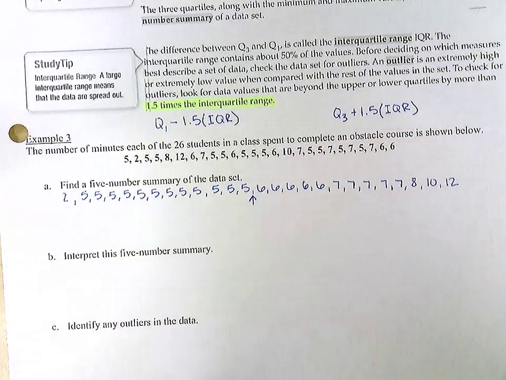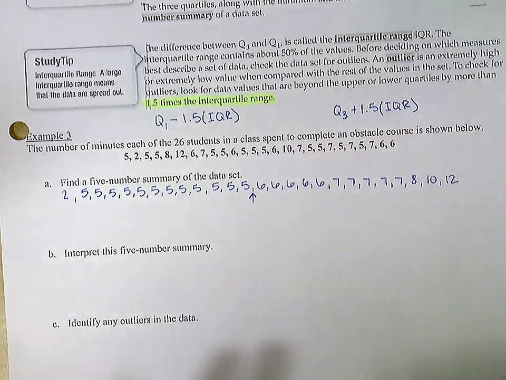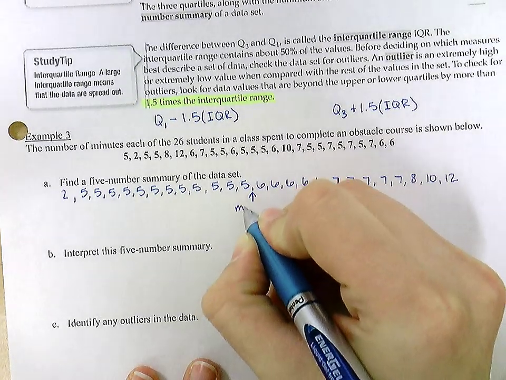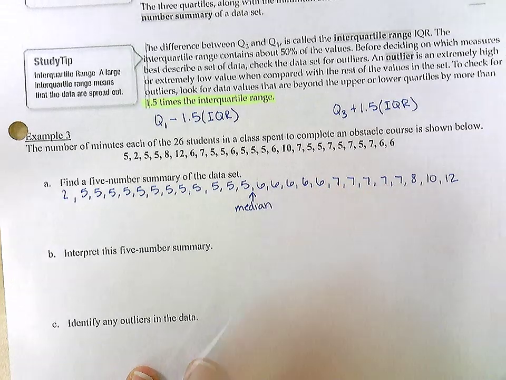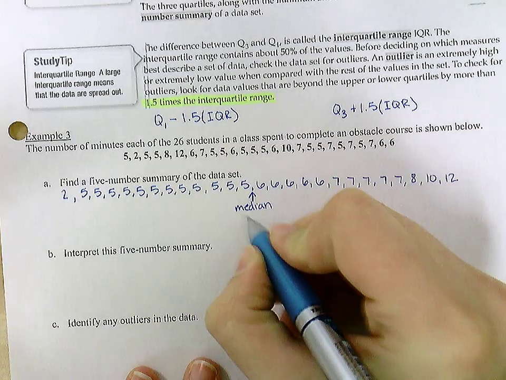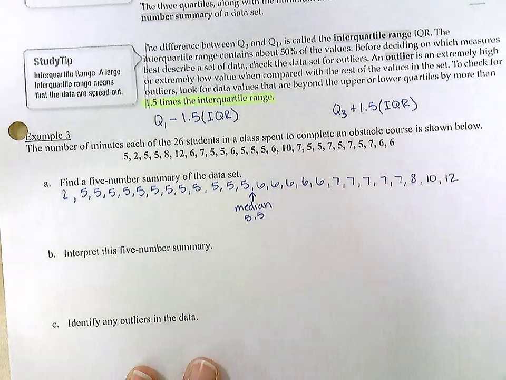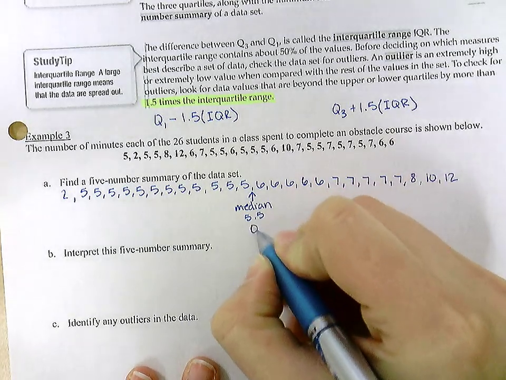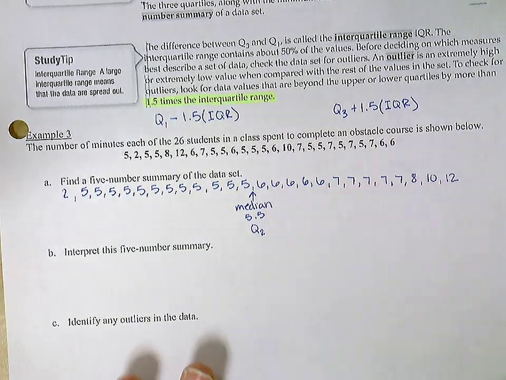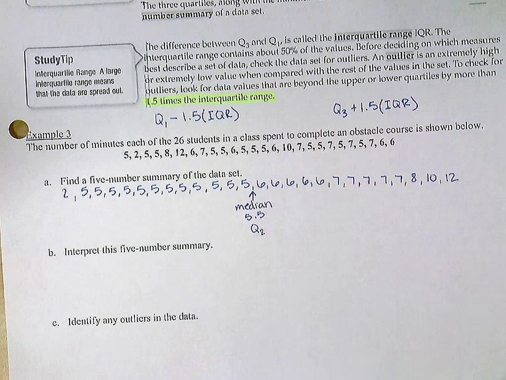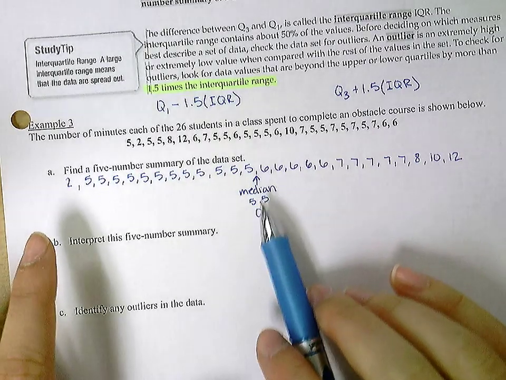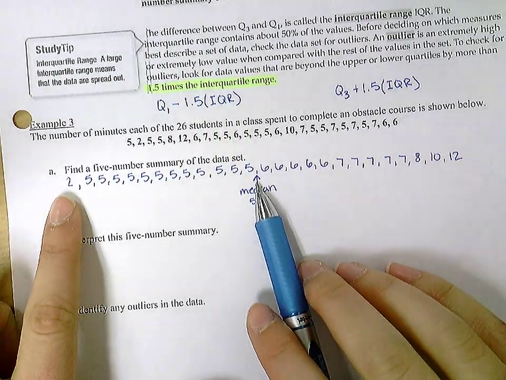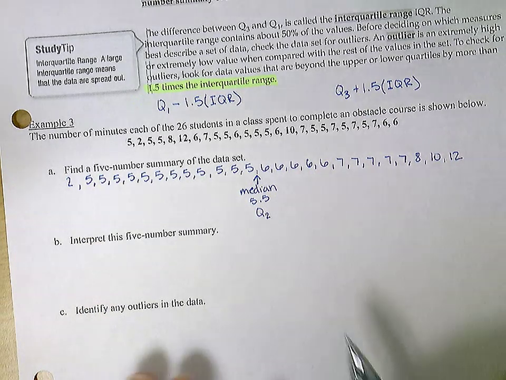So in between 5 and 6 is your median. It is 5.5. And that is quartile 2. Okay, then to find quartile 1, we need to find the median in our lower half here.